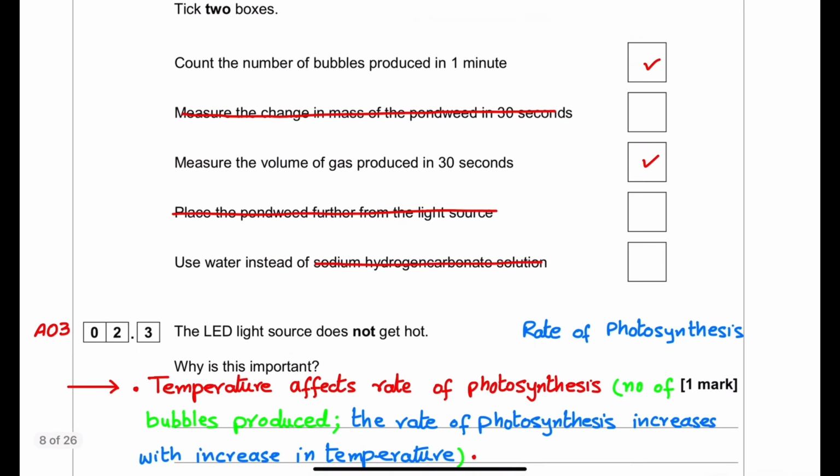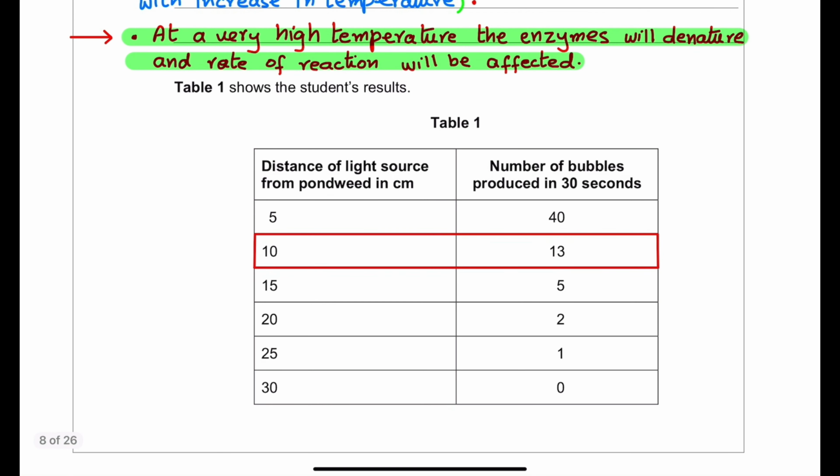The previous information is a table. The distance of the light source in centimeter is given here. I highlighted that 10 centimeter according to the demand of the question, and the number of the bubbles produced in 30 seconds is mentioned here in front of them.